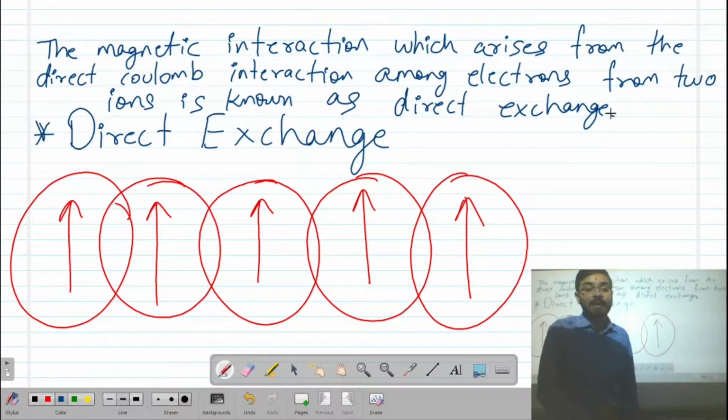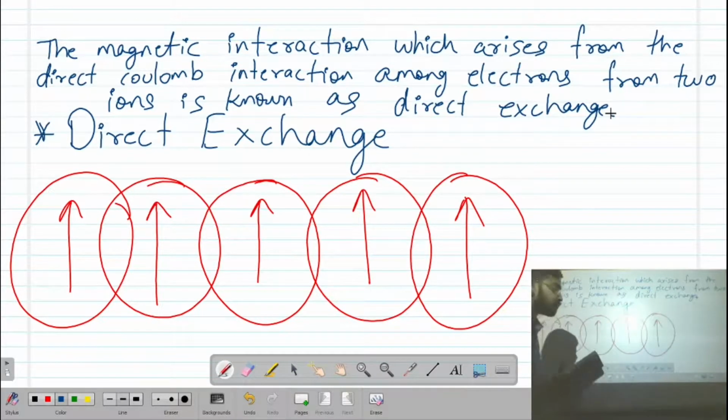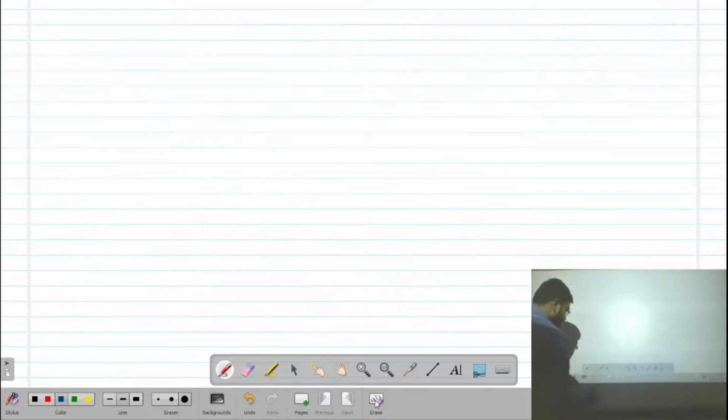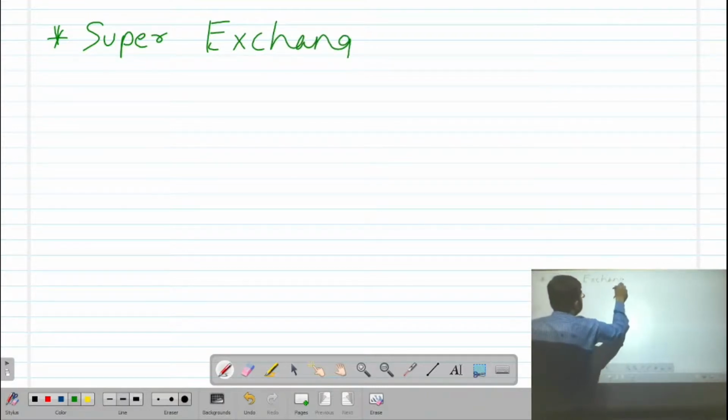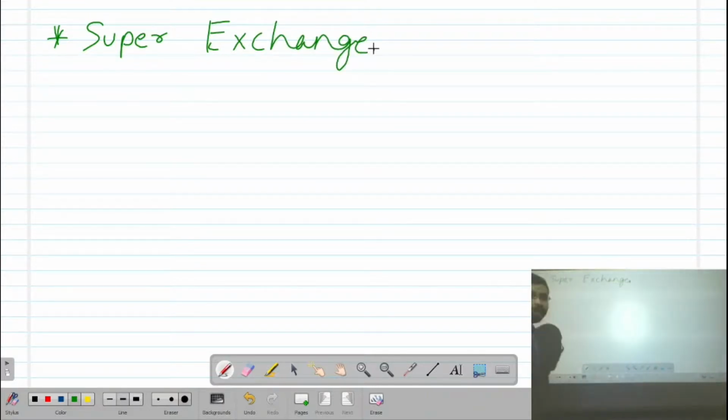Now let us see what is super exchange. Let us see its diagram.